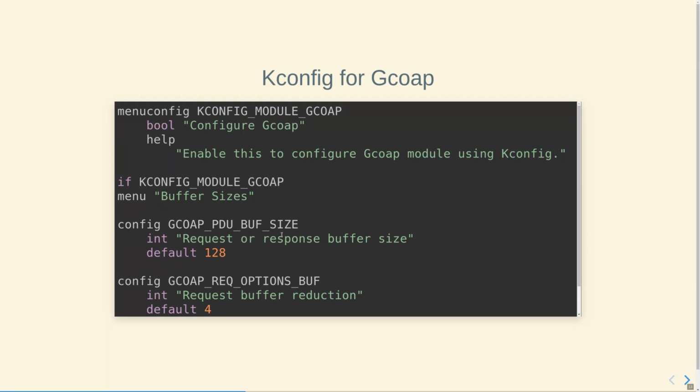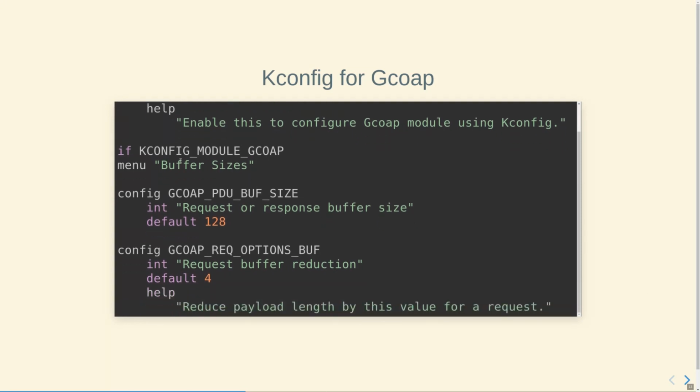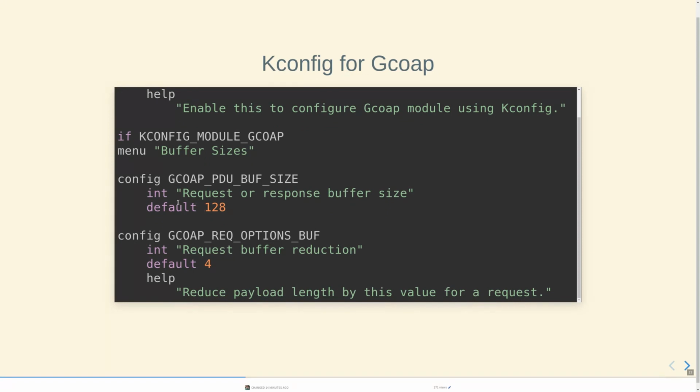Here, when the symbol is selected, we can access a menu of buffer sizes, for instance, where we can configure the PDU buffer size, the request option buffer, together with their default values, their type, their prompt strings, and their help strings.